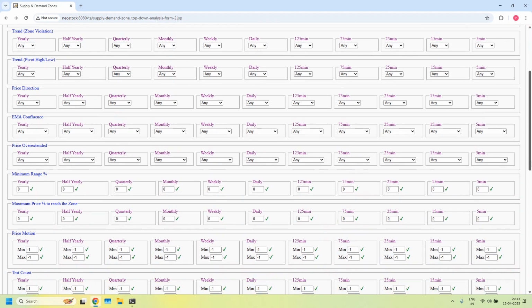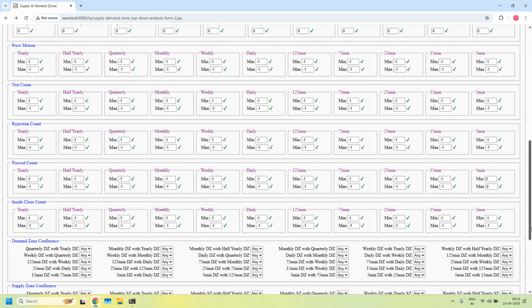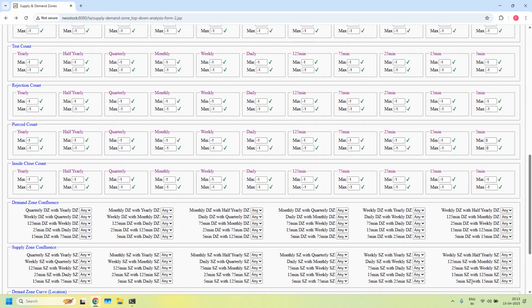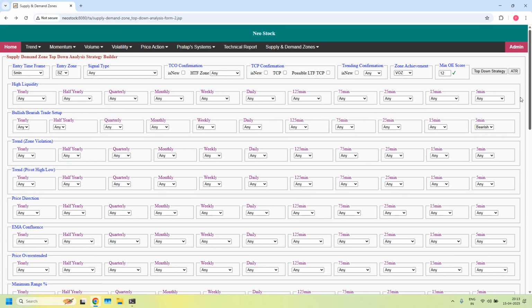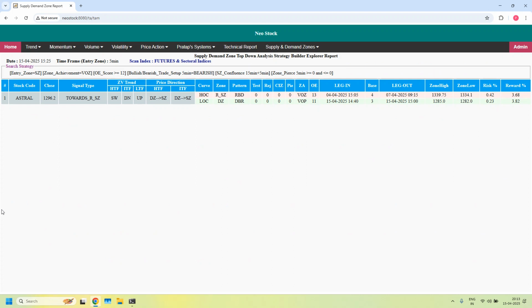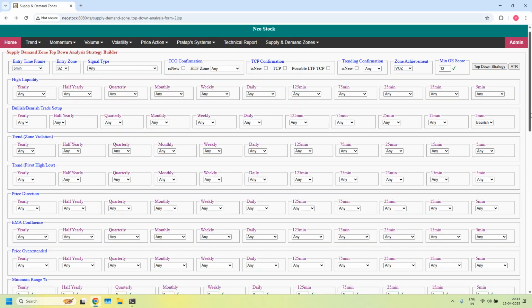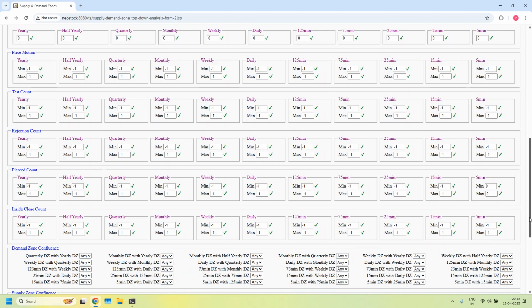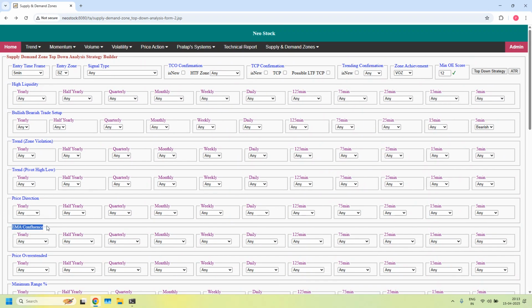Let us verify whether this stock has ITF confluence, that is, 5 minute supply zone with 15 minute supply zone confluence. Yes, it is part of the 15 minutes, and the 15 minute trend is down. Let us verify if the 15 minute supply zone has daily EMA confluence.